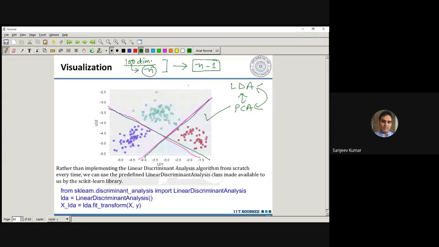For example, if this 100-dimensional data is coming from 25 different classes, you can reduce the dimension only up to 24. You cannot go below 24 using LDA. That is the limitation of LDA.